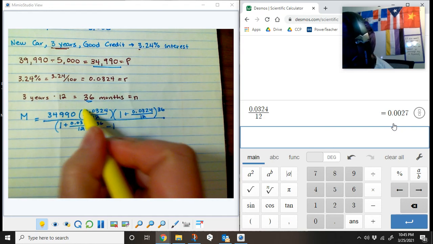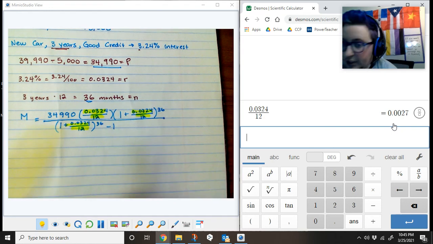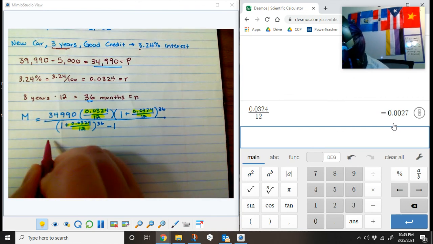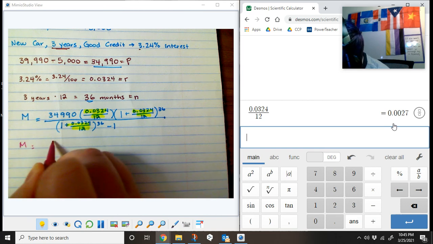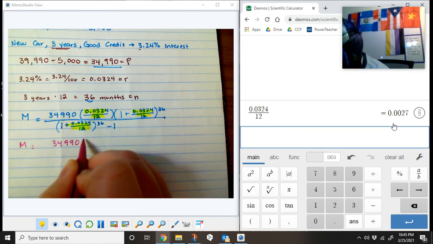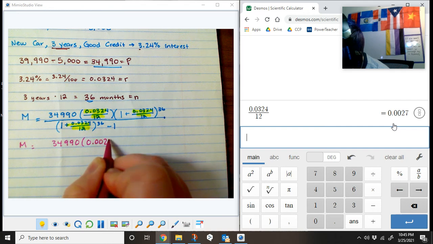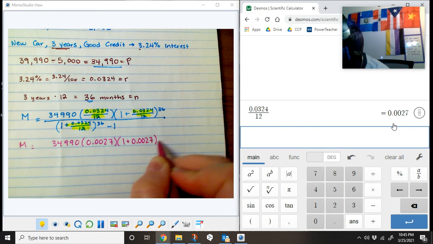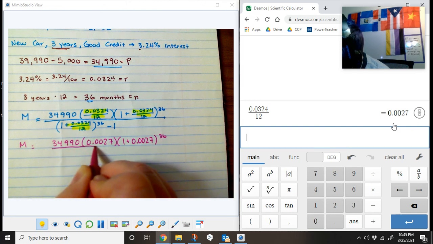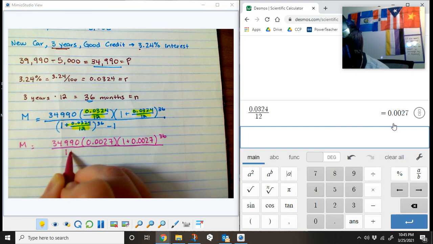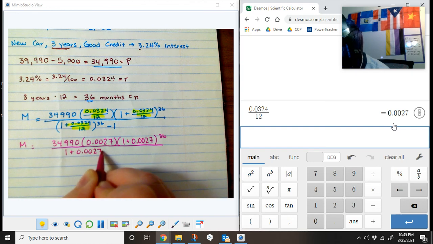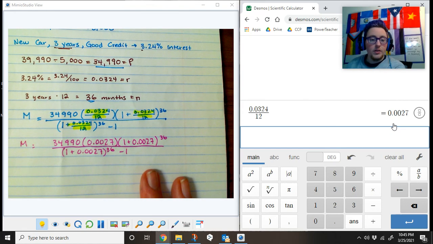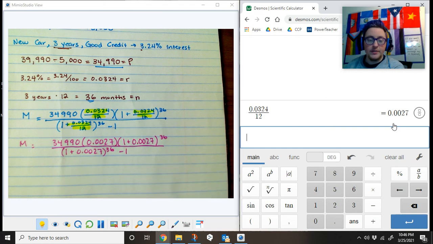So everywhere I see this, I can replace it with 0.0027. So my M equals 34990 times 0.0027, 1 plus 0.0027 to the 36th over 1 plus 0.0027 again to the 36 minus 1. All right, that looks a lot better. We got rid of the fractions.